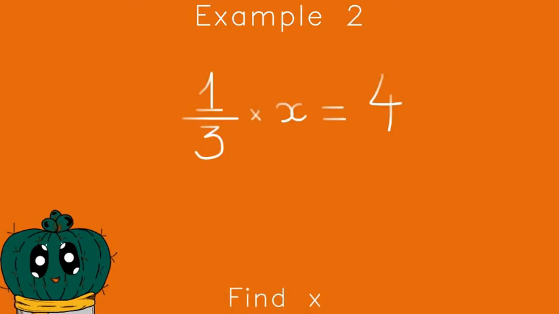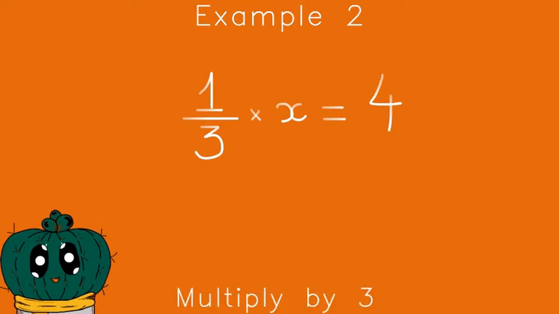So another example can be 1/3 times x is equal to 4. Again, you are told to find out what x is. Now to do that, you have to isolate the x in such a way that you only have x on the left hand side and you can have anything on the right hand side. So in our case, what do you do to get rid of the 1/3, which is right beside the x?